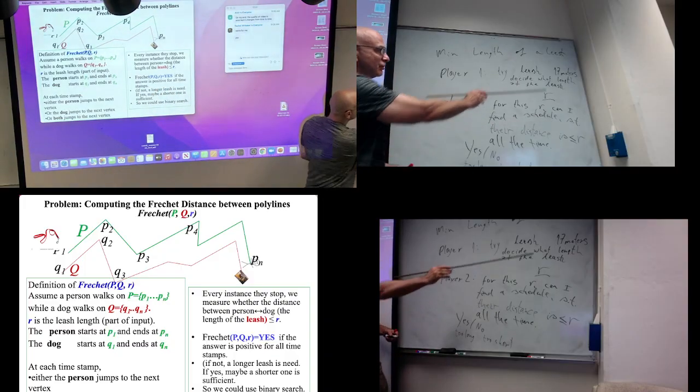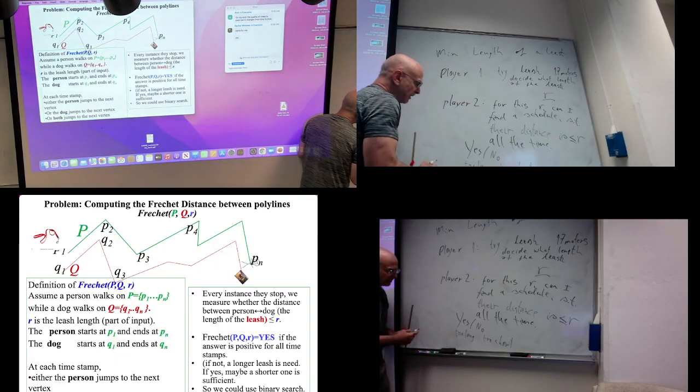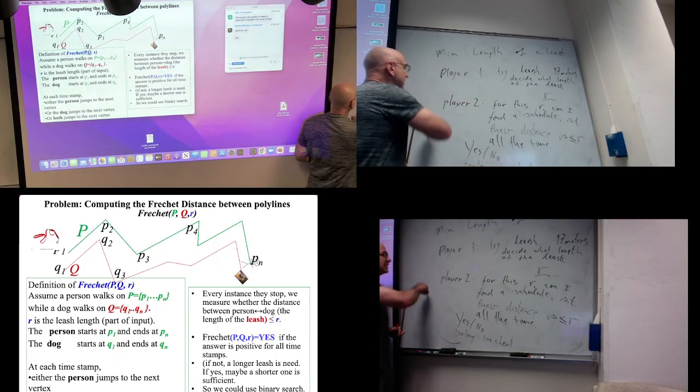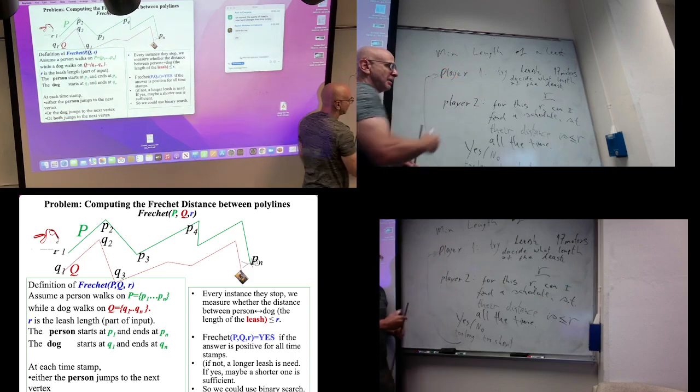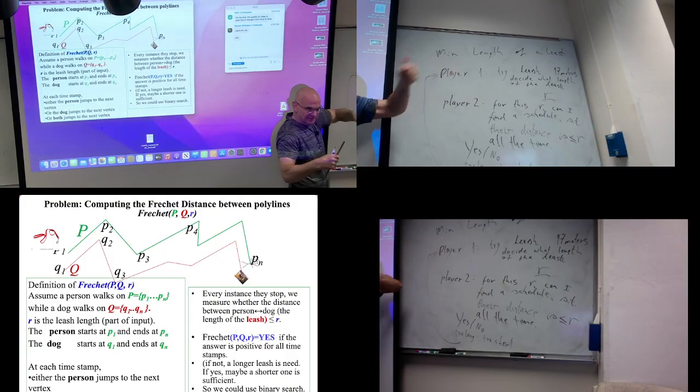You said that I should try 17 meters, and 17 meters is not enough. Then player two just says yes or no, and then it's the job of player one to try again with a leash that is either longer or shorter. So it's binary search on the length of the leash.